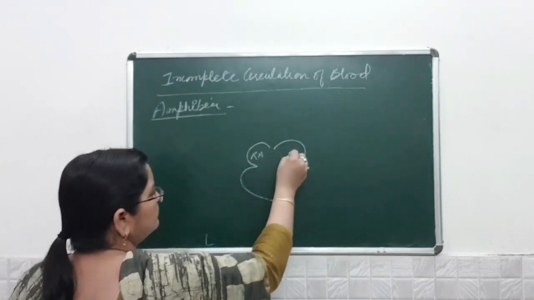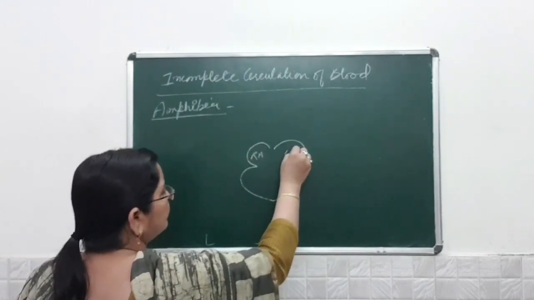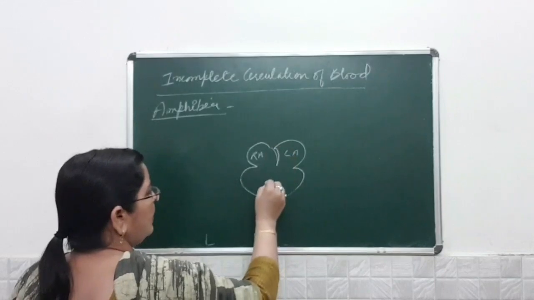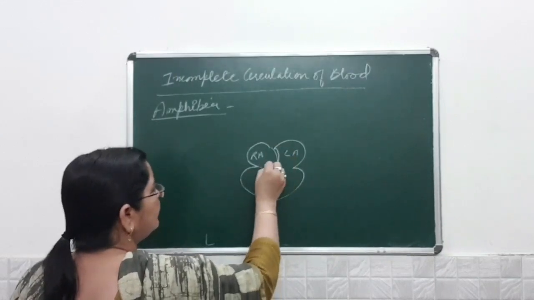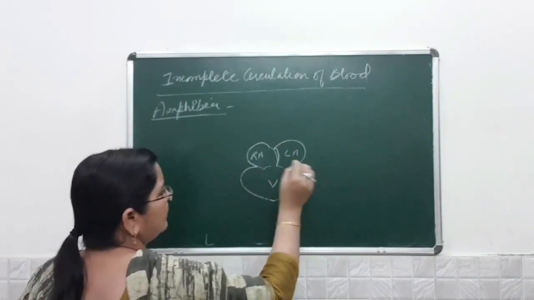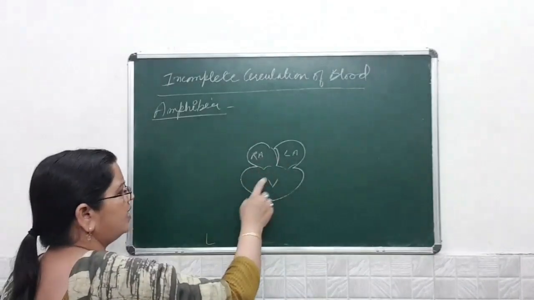Right auricle, left auricle, and only one chamber is ventricle. Three-chamber heart is present.